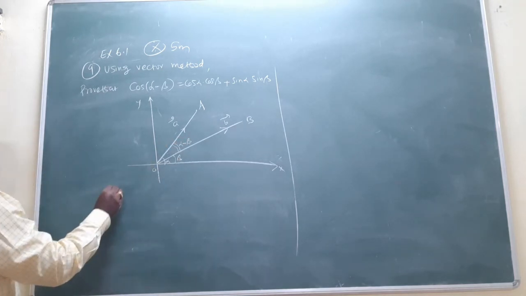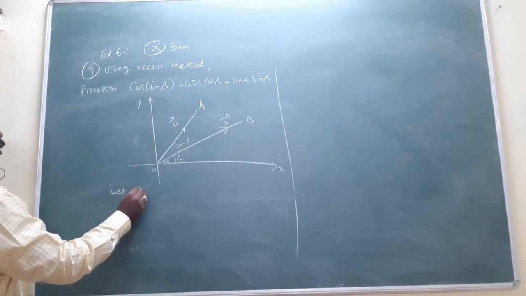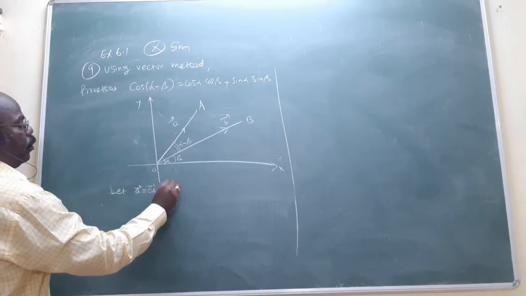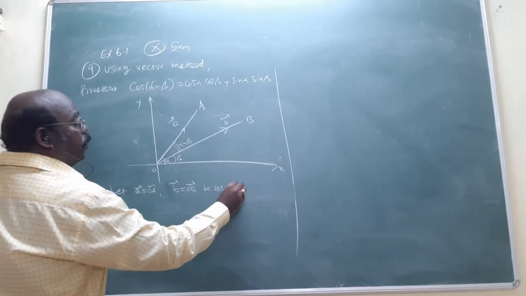Now start with the A. Let small a vector equal OA, and small b equal OB vector, be the unit vectors.